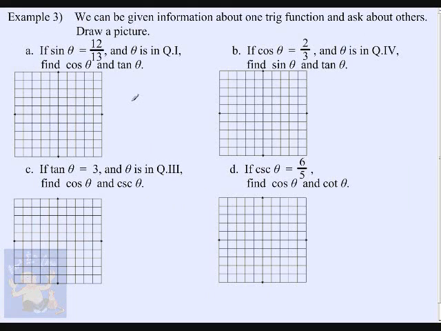So now let's try using our knowledge of one function to figure out what the others are. Now, we do need to know more than just this one function, because if y is equal to 12 and r is equal to 13, let's see, I better be careful about how I assign the values here.